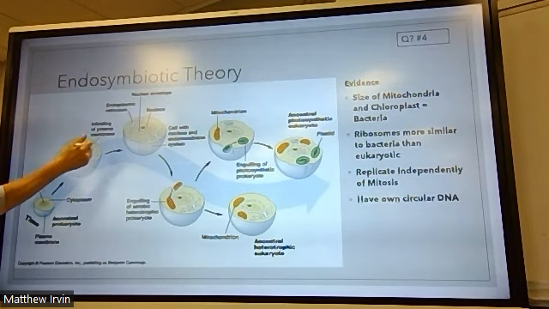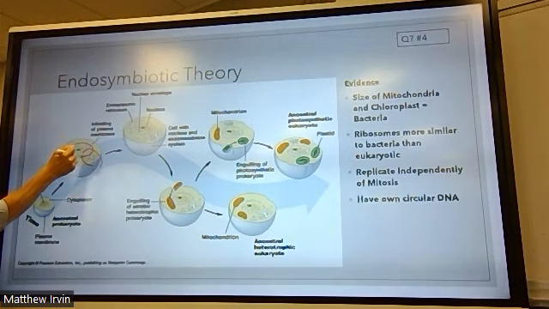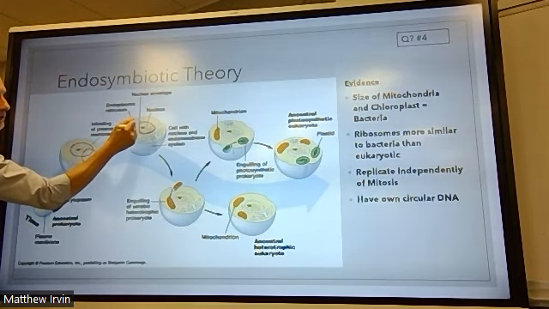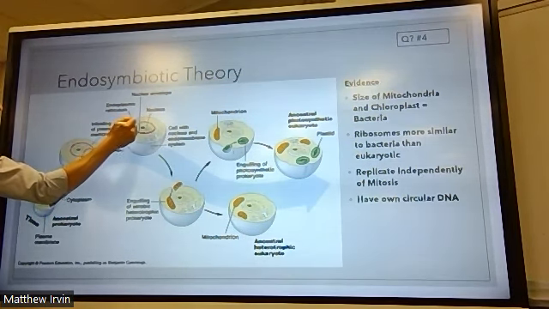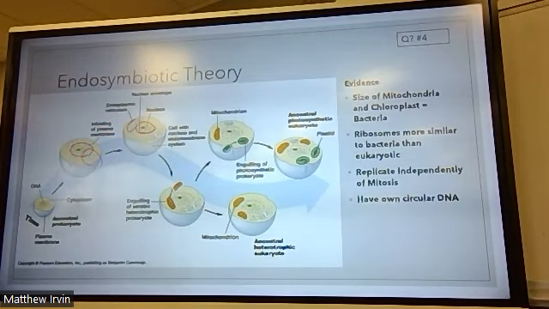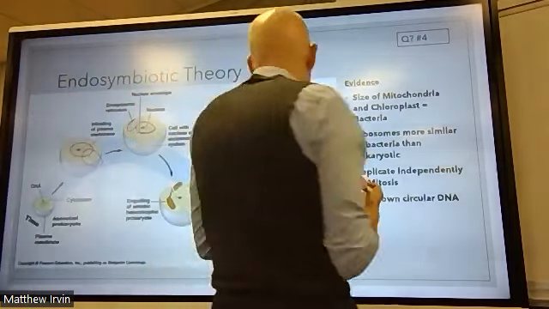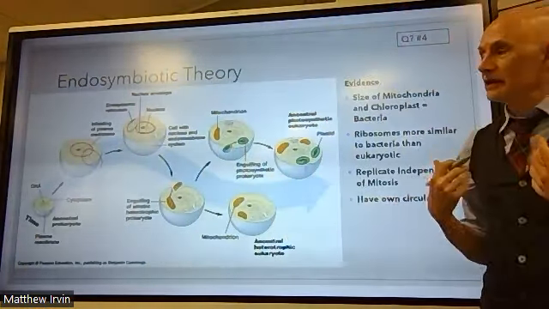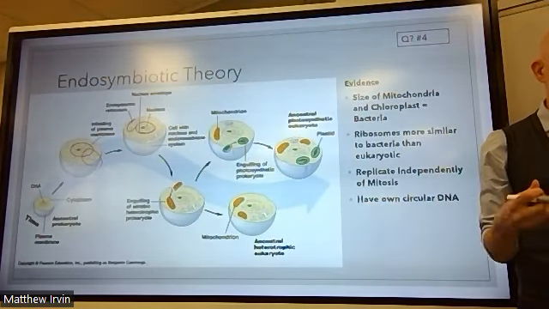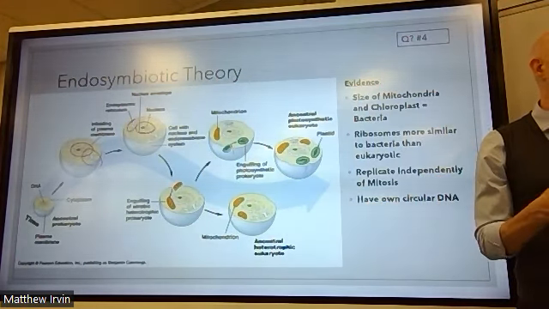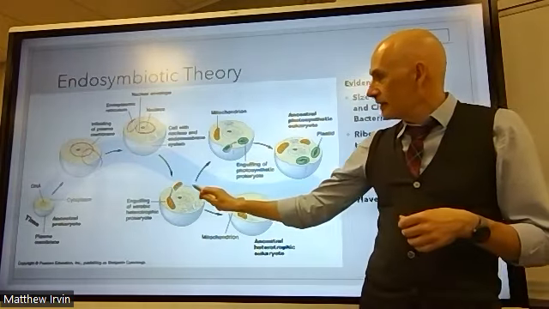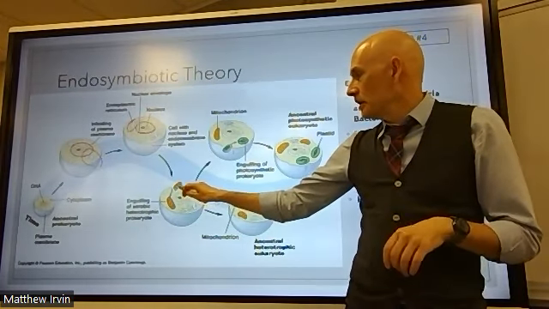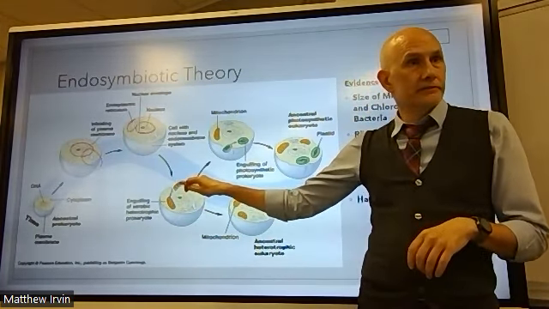So the same idea here, as that membrane gets bigger, it starts to fold in on itself. And this folding in right here, that's how that pinches in, and that becomes our nuclear membrane and our rough ER and our Golgi from the infolding of the cell membrane. So that's how those things are theoretically thought to have come about. But then more importantly is the symbiotic part, when that cell engulfs an aerobic bacterium.